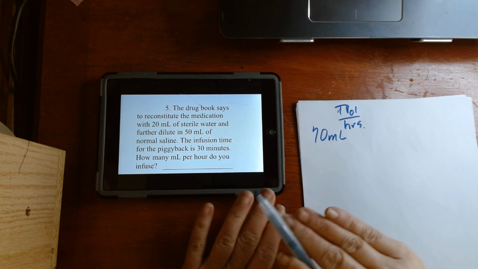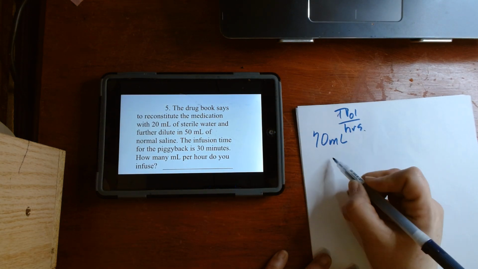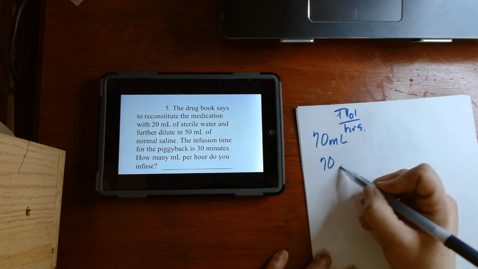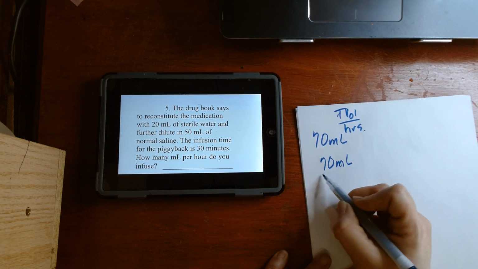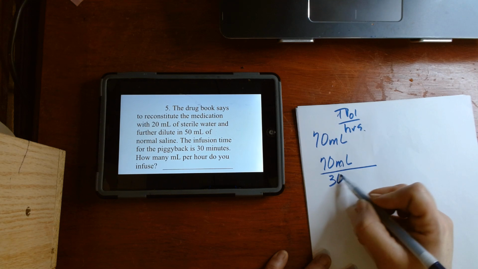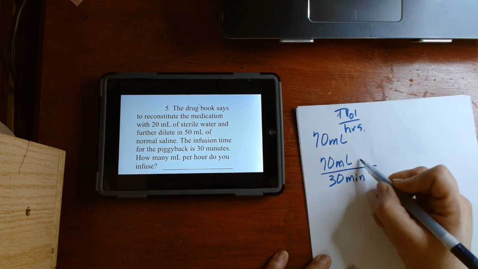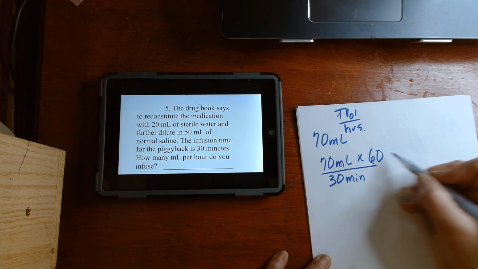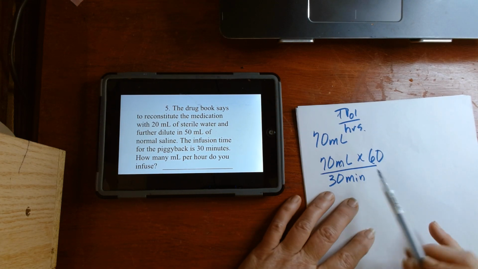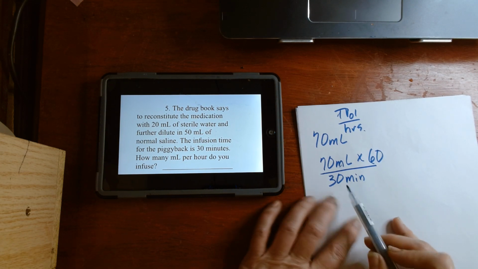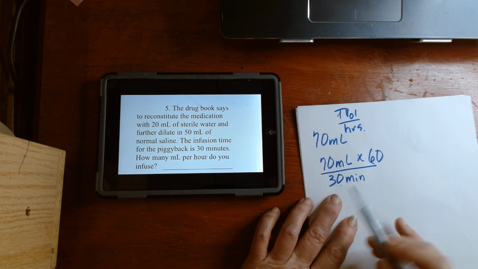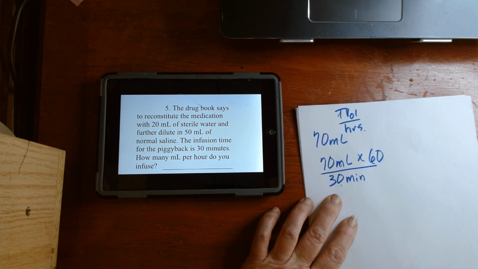So let me show you how you do this. I do 70 milliliters going in over 30 minutes. And I'm going to tell the problem that we're dealing with a 60-minute hour, or else the problem will think we're dealing with a 30-minute hour.